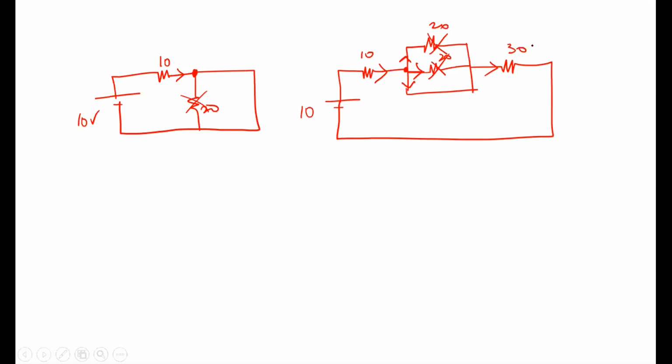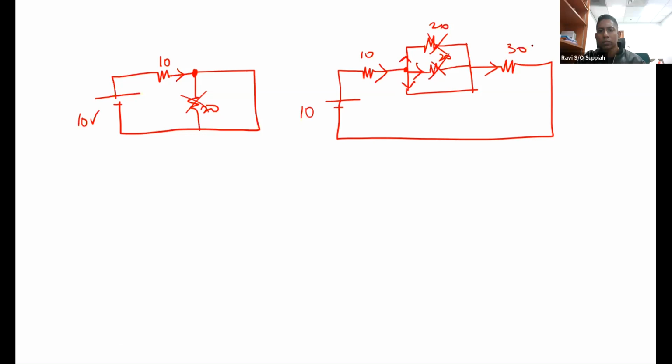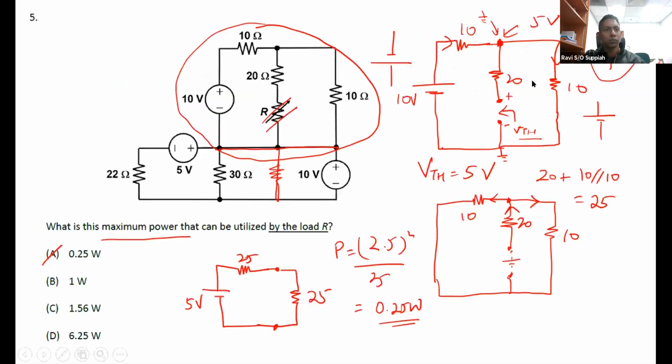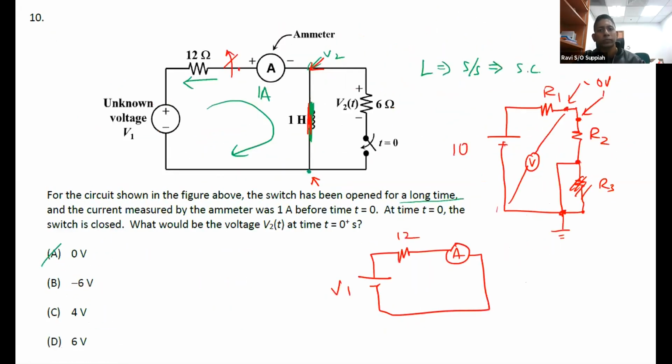Let me see. Question 10. Okay, so for this question here, why is it negative 6 volt?